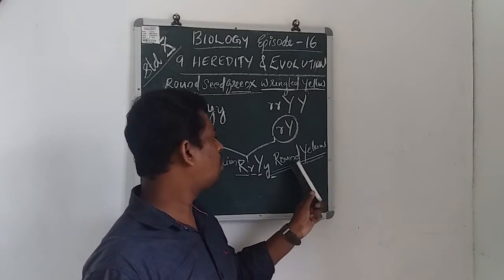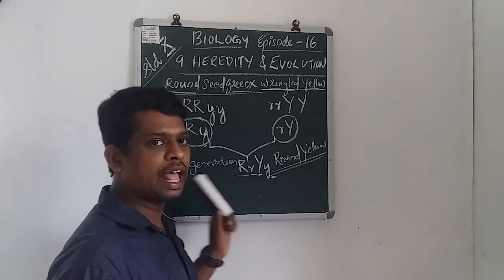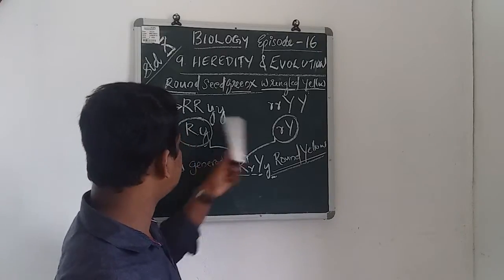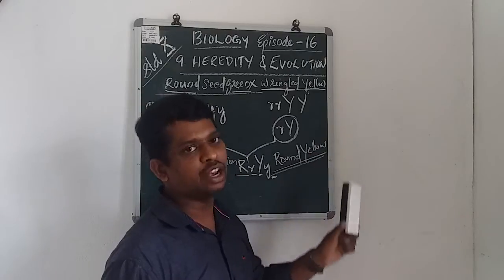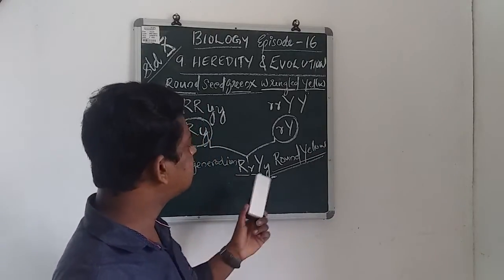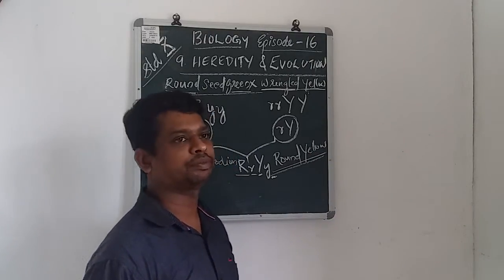All the plants developed from this F1 generation are round and yellow, round seed with yellowish color.